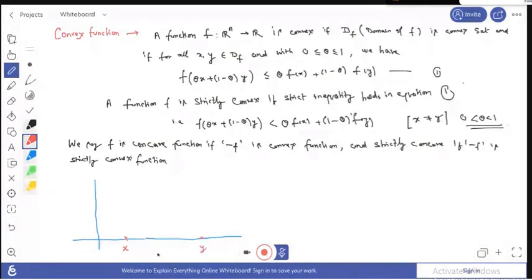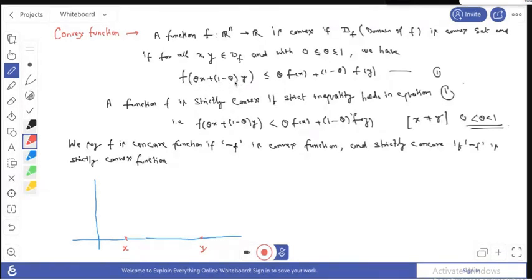Okay, not x1, x2; we take it in another form, x and y. What is the representation of theta x plus 1 minus theta y?